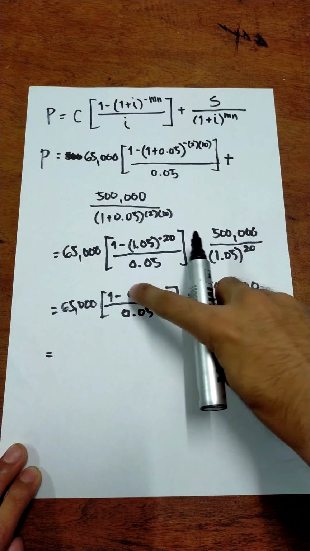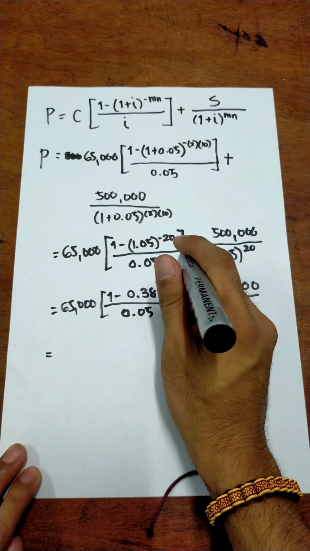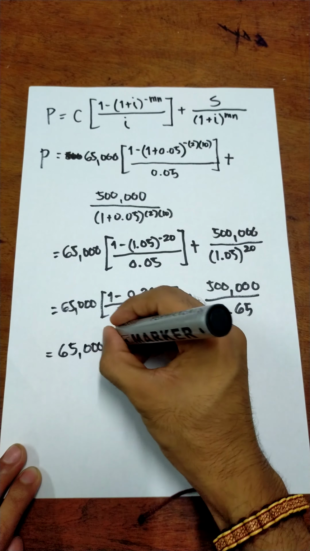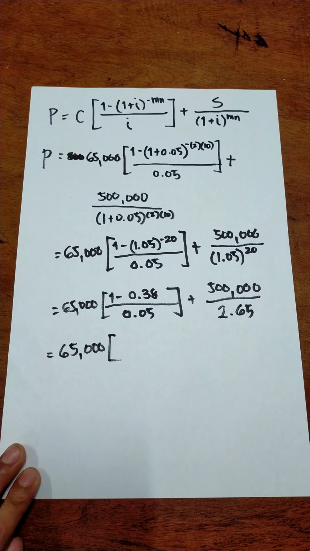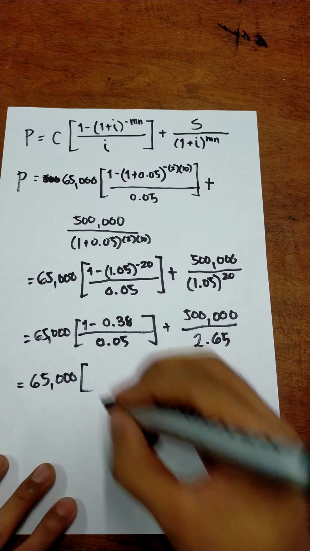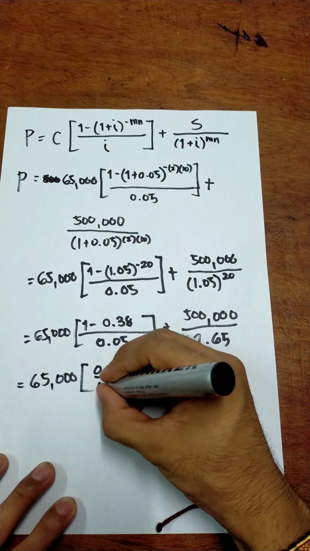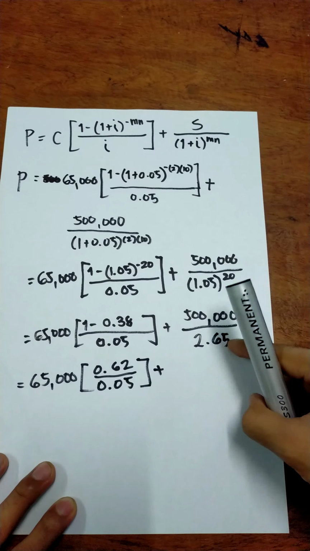Next is to solve this. This part. So, in that part, 65,000. So, 1 minus 0.38, we have 0.62. Okay? Over 0.05. And then this part, we can now solve it.